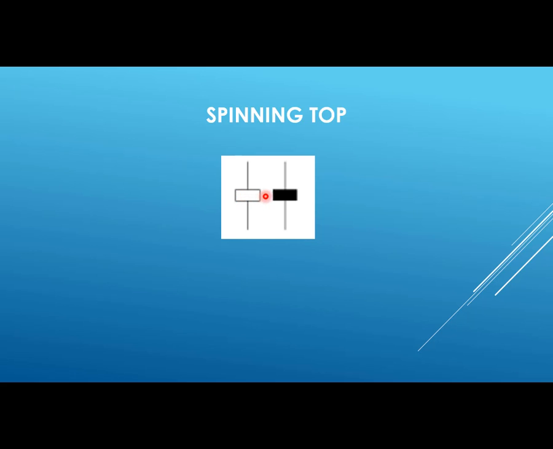So in this case, we have a bullish spinning top, and over here we have a bearish spinning top. Either one of these indicates possible market ambivalence. We're not sure which way the stock price is going to go tomorrow, but it could be a potential pivot point or a place for a trend change beginning.